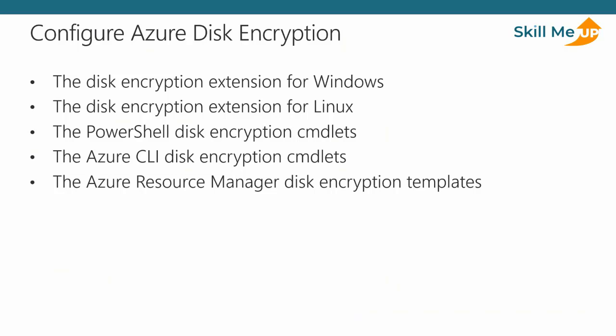So if somebody were able to get access to your disk image for whatever reason, if they don't have access to your key, which would be kept in the key vault, they wouldn't be able to read your disk. That's the idea behind the disk encryption extensions that they have available for both Windows and Linux. You need to understand how it can be done through PowerShell as well as through the CLI, or it can be done through the ARM disk encryption templates.